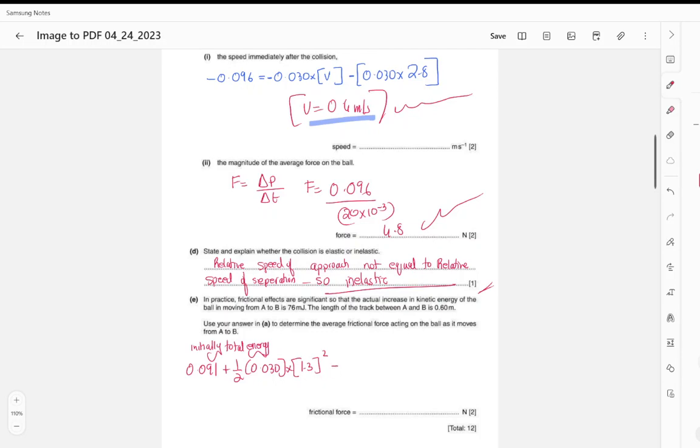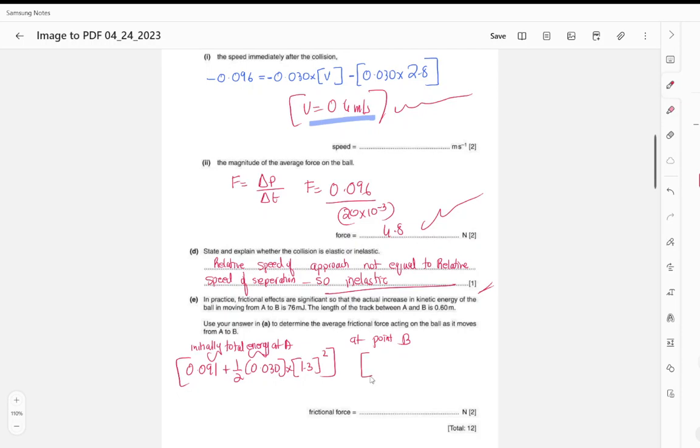And what happened was that after that, something happened. This energy was the total initial energy. But afterwards, at point B, in fact, initial total energy at A, at point B, we have something else.